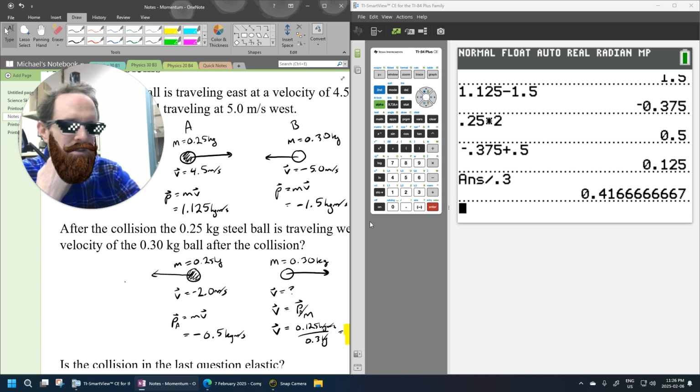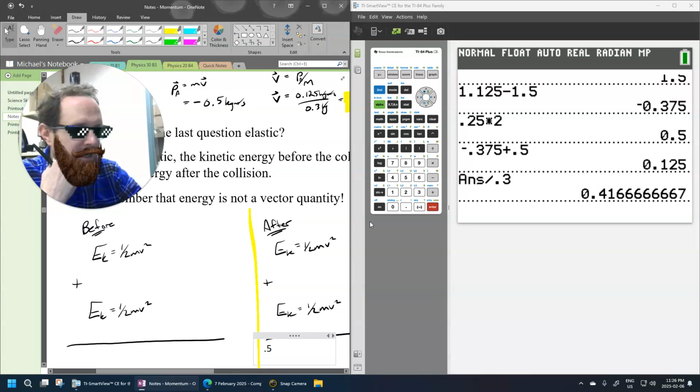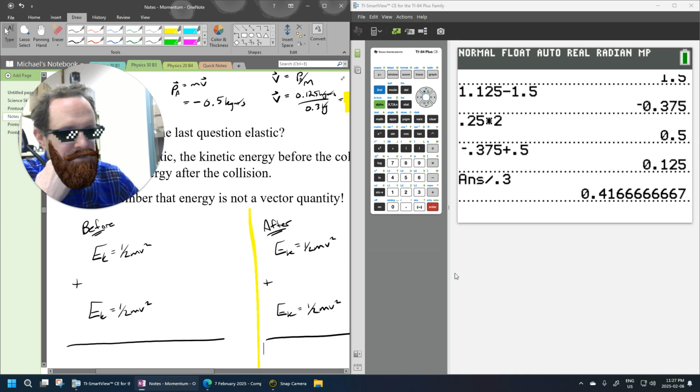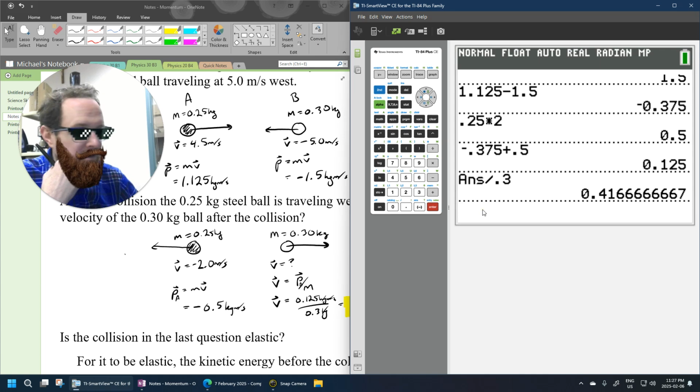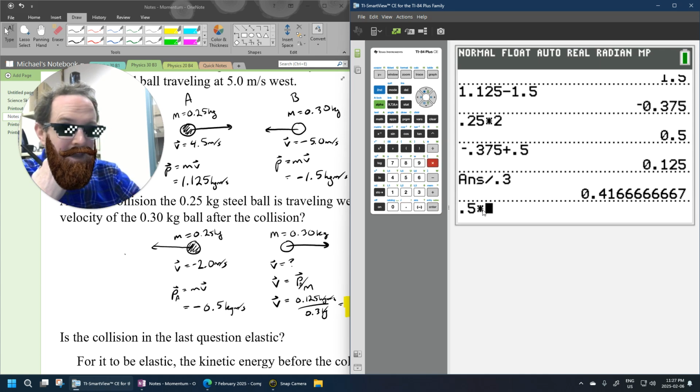So on the first ball, 1/2 times mass 0.25 times the velocity squared. Too lazy to find the square button, so I'll just multiply it by itself twice.